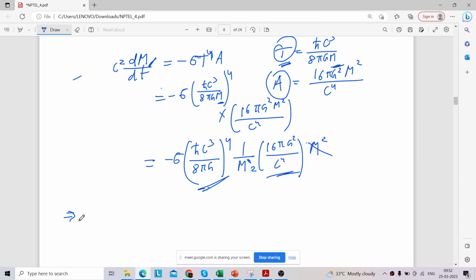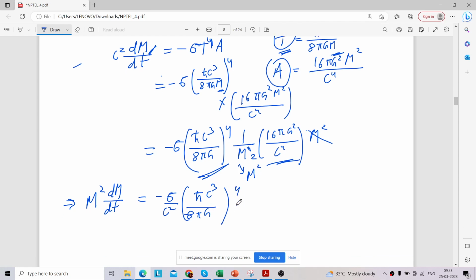Let's solve this further. I can take this mass squared, this m squared, to the left hand side, so it will be m squared dm over dt, and on the right hand side I will have only the constants: minus sigma by c squared, h cross c cubed over 8 pi G to the power 4, and this 16 pi G squared over c to the power 4.